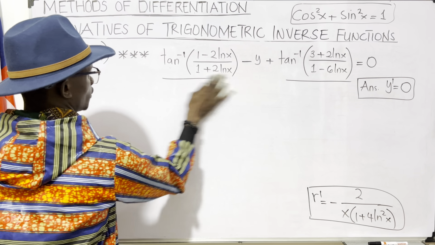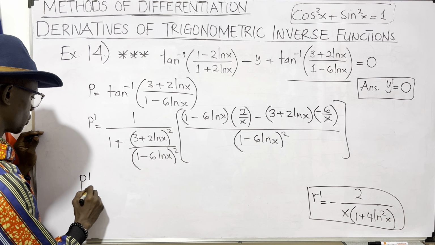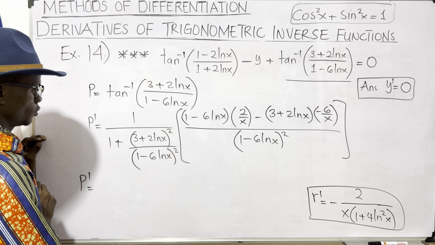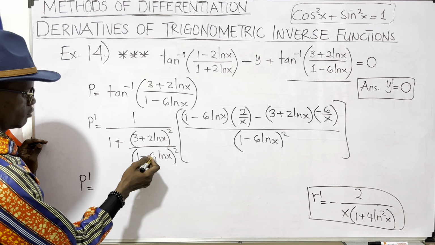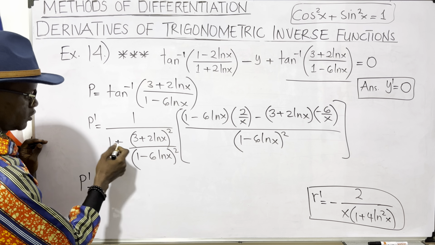It gives us minus 6 over x, all divided by this denominator, 1 minus 6 ln of x all squared. So this is just similar to the previous one. So we can now just deal with this guy.